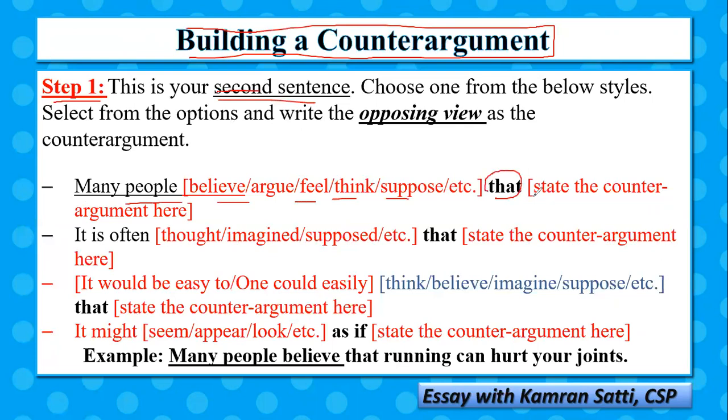Now here you will be stating the counter argument that democracy is vulnerable. Let's suppose we have taken the stance that democracy is no more vulnerable, but we are writing a counter argument paragraph, so we will state it. The first sentence would be, many people believe that democracy is still vulnerable. Or we can phrase it by writing that it is often thought, supposed that democracy is still vulnerable.